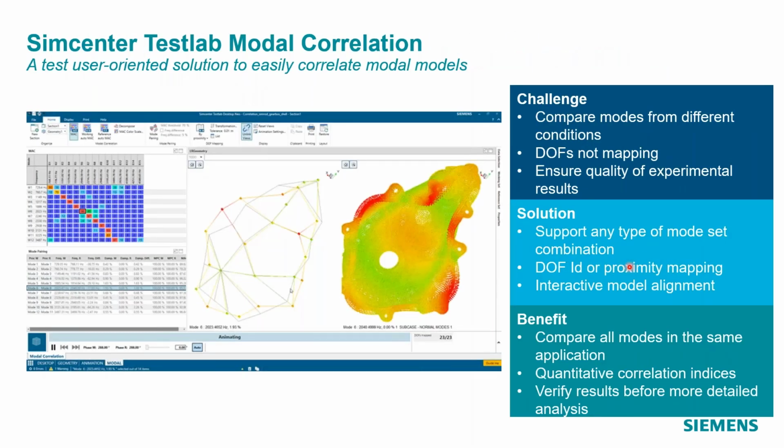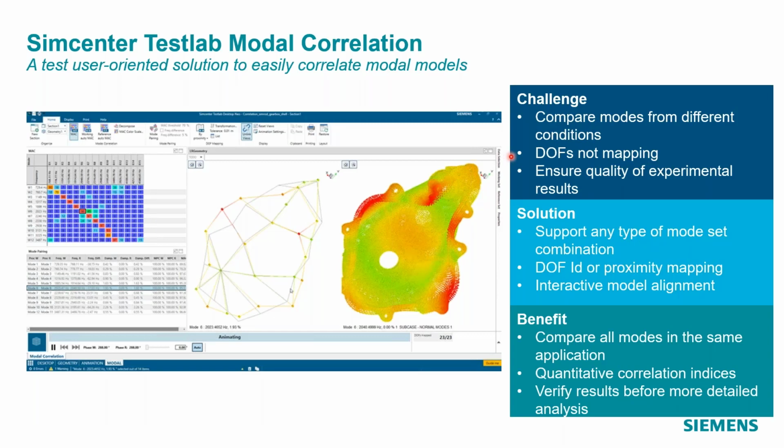We decided to put modal correlation in TestLab because it's a little bit different use case for test users compared to CAE users. We wanted a way to quickly compare models from different conditions, whether it be test or CAE, and we needed a mechanism to map the DOF or the nodes between the different mode sets.